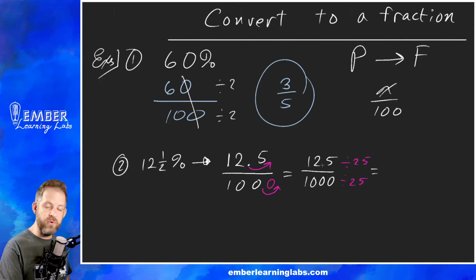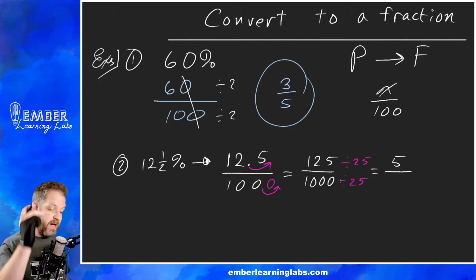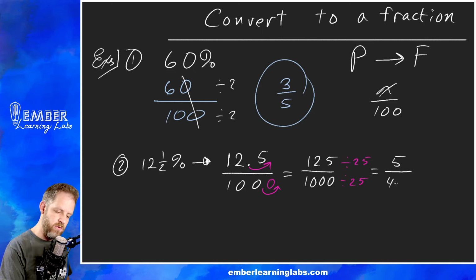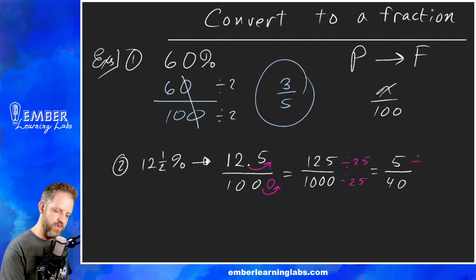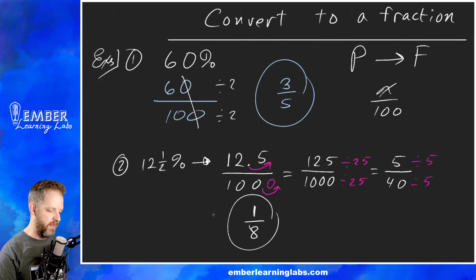So 125 divided by 25 is 5, and 1,000 divided by 25 would be 40. Now, 5 and 40 reduce, so let's reduce that again. We'll reduce it by 5, so this reduces all the way down to 1 out of 8. 1/8, right?